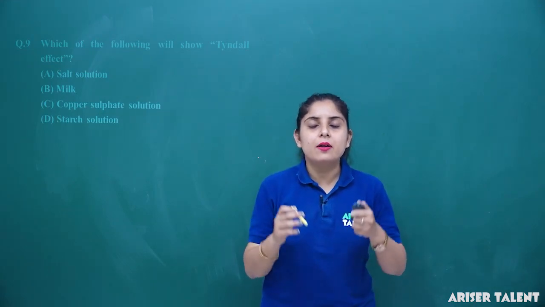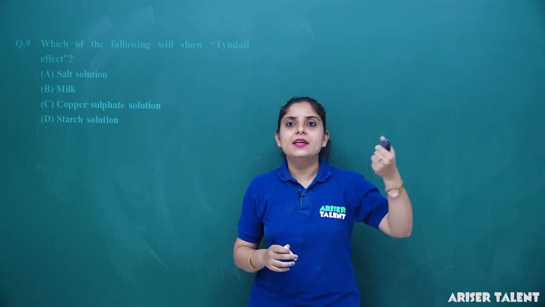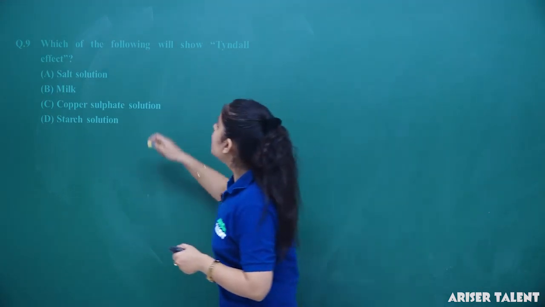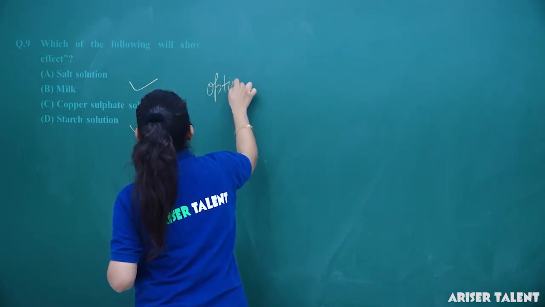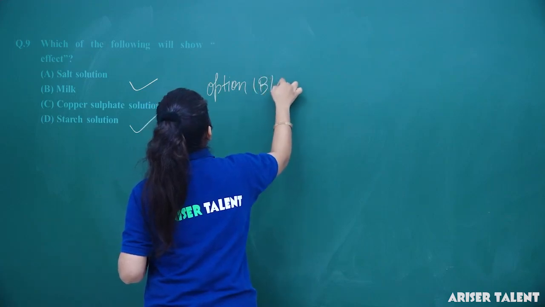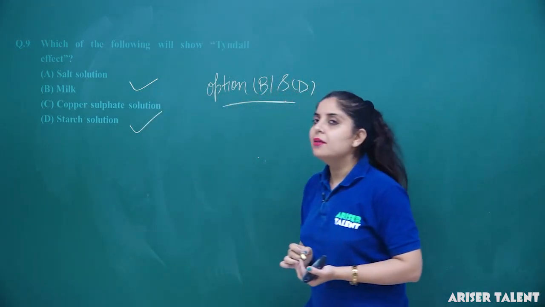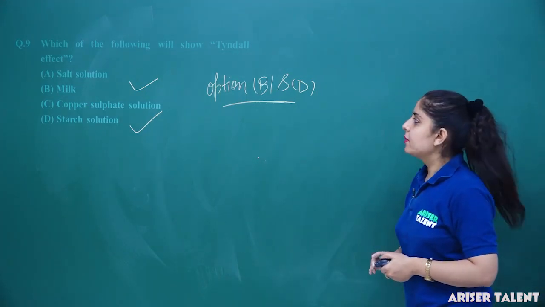Whenever you pass a light through them, you will see that the particles will be scattered, as we have discussed in the Tyndall effect. Clear? So milk and starch solution are going to show you the Tyndall effect. So I find here that options B and D are correct. Okay. So this is our question number 9.